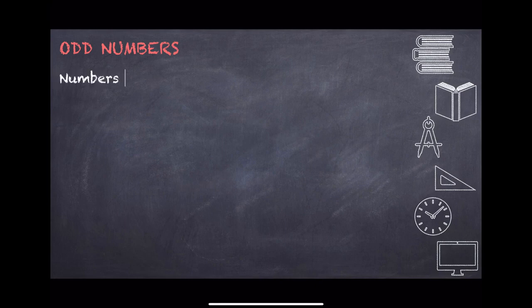So children, I'm sure you have all heard about odd and even numbers, right? Can you try to define what are odd numbers? Yes, you're absolutely right. Odd numbers are numbers ending with 1, 3, 5, 7 or 9.